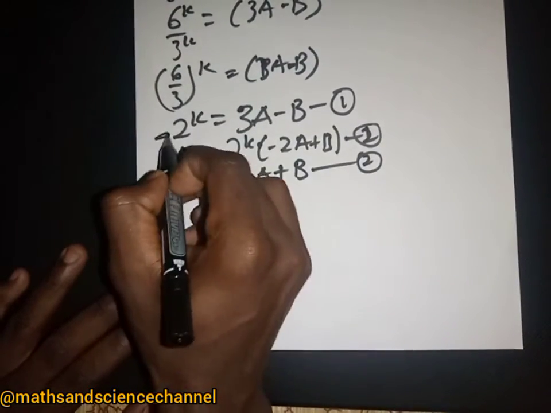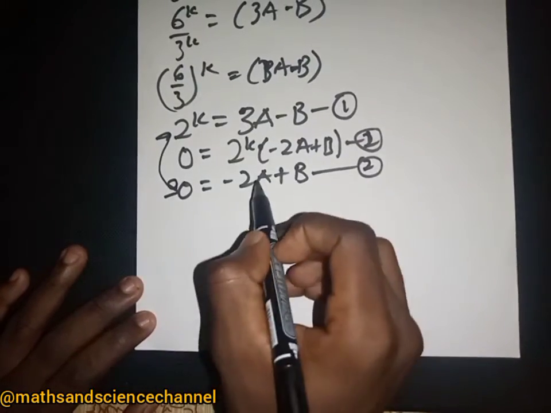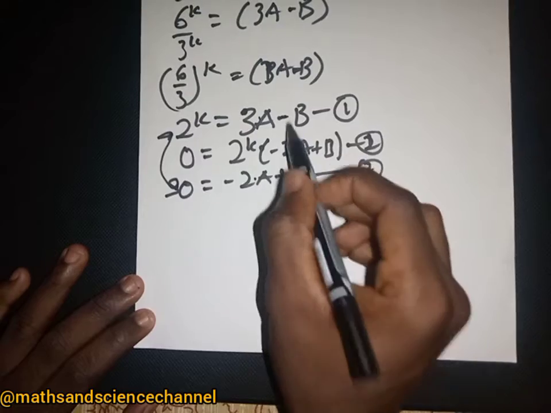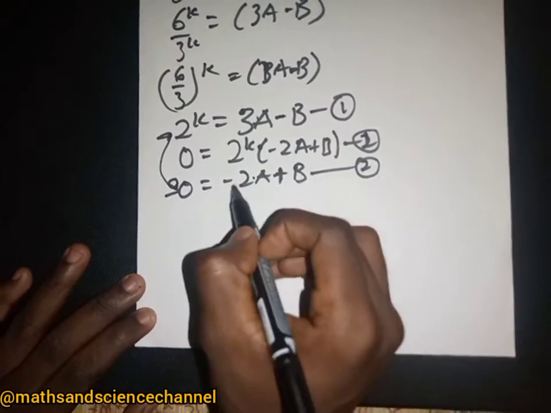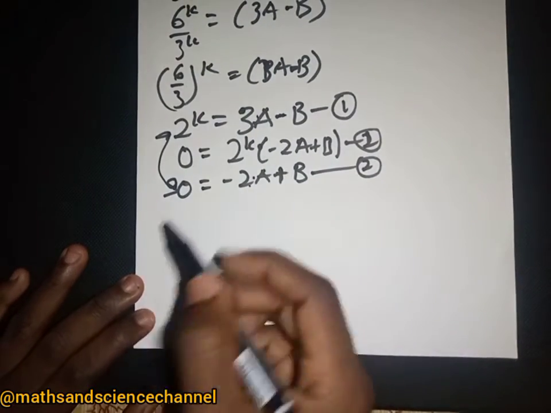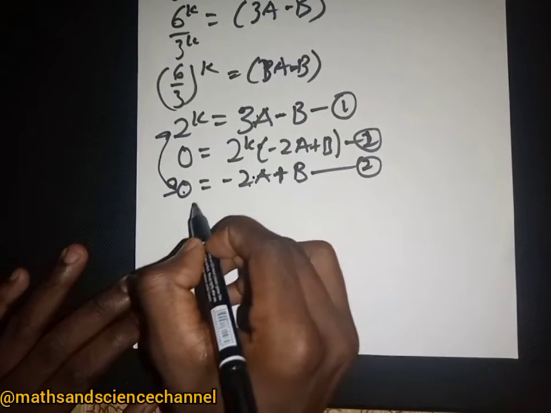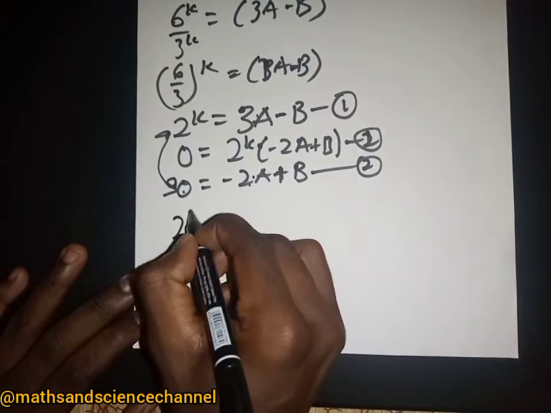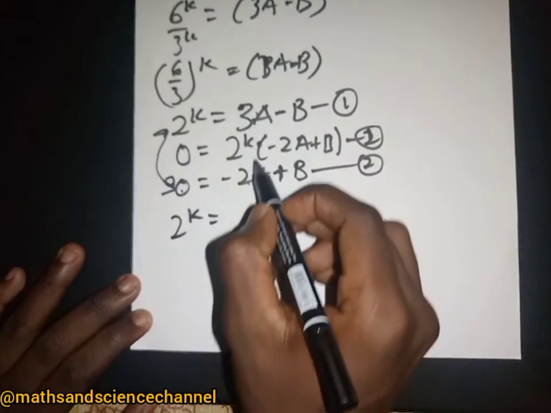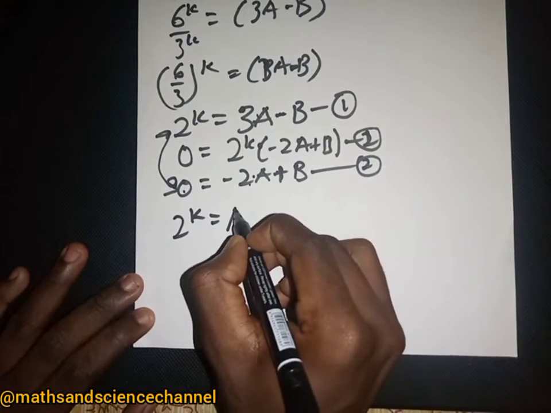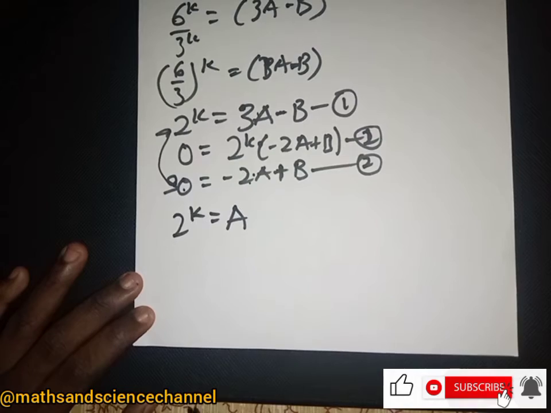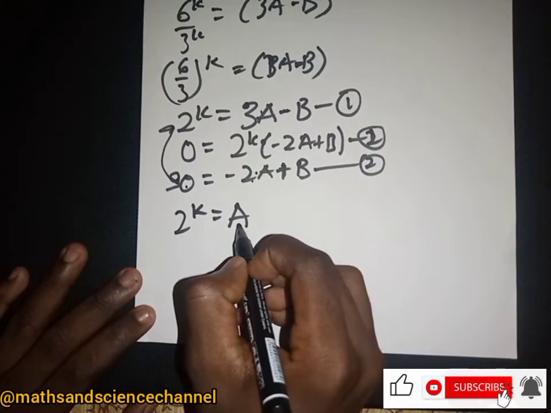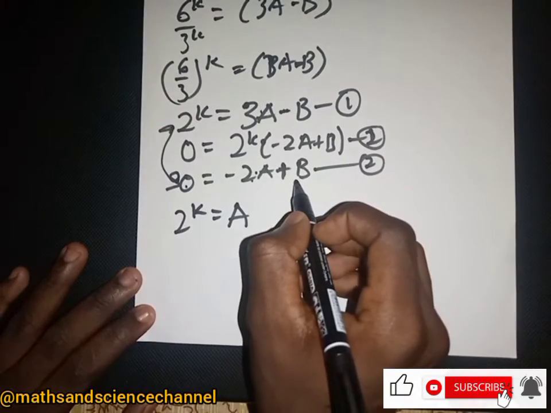Comparing these two equations, realize that when we sum them up, negative and positive, B goes away and therefore we can calculate for A. So summing them, we are left with 2^k being equal to just A. And then B, let's make B the subject.